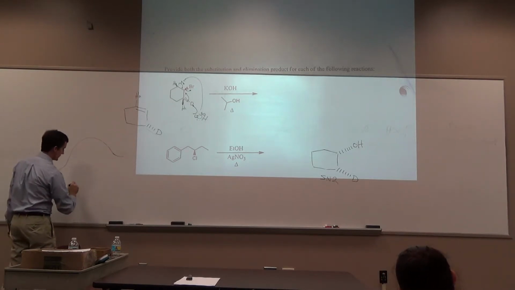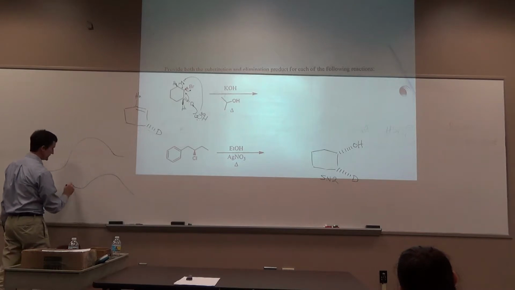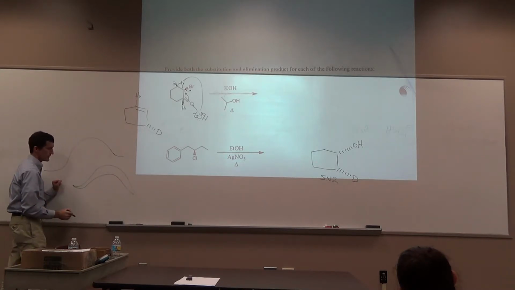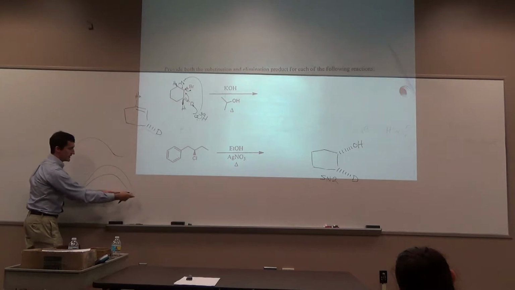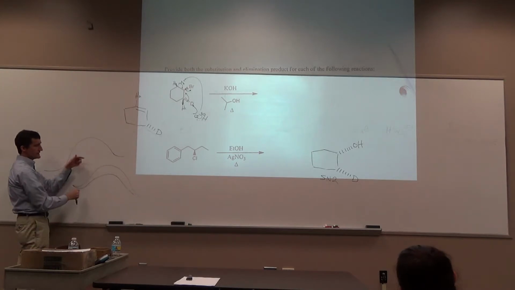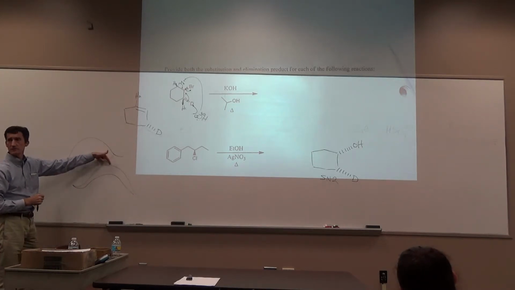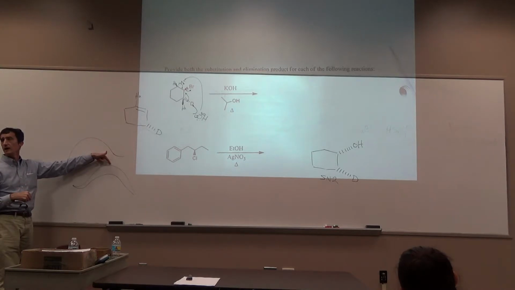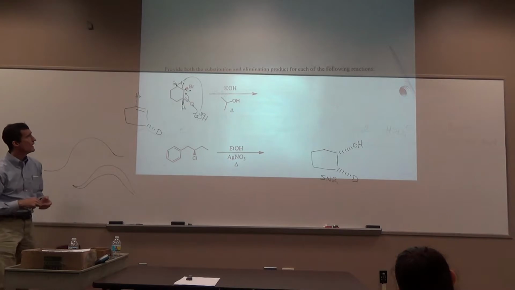Well, you're really just going like this. The other one's going to be like this. Starting material, product. Breaking the CD bond is going to have a higher transition state because it's a stronger bond. That leads to a higher transition state of breaking it. Okay.